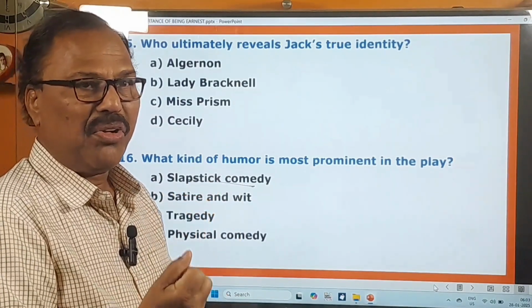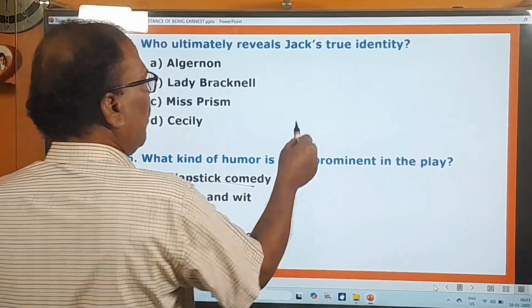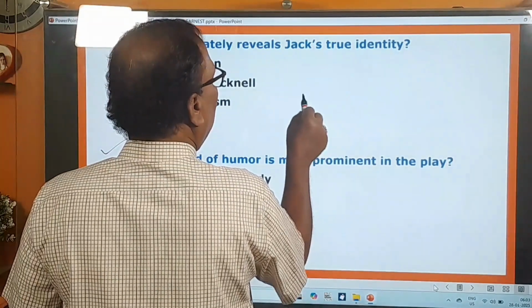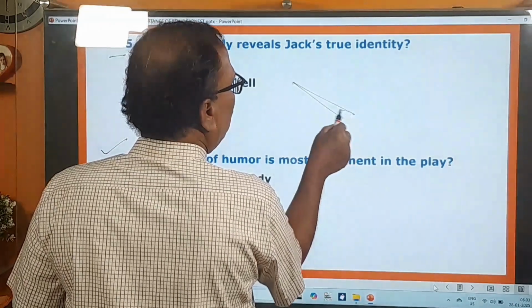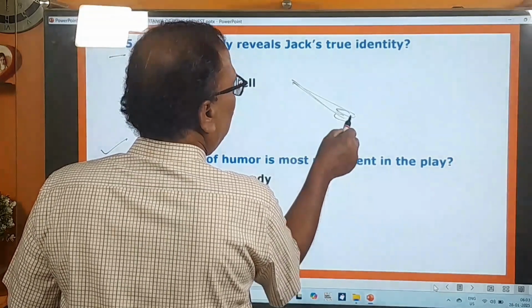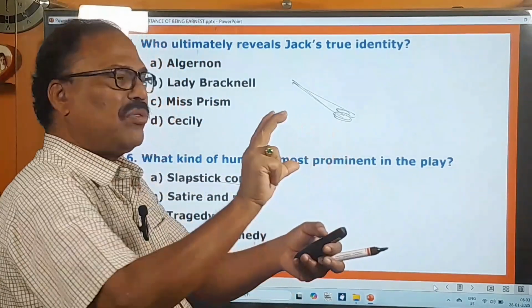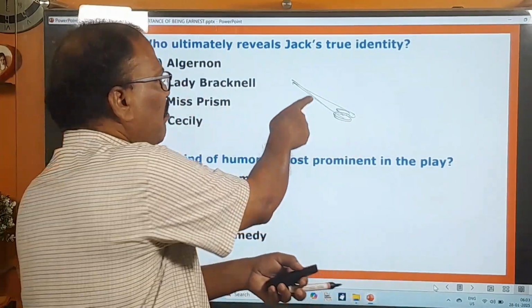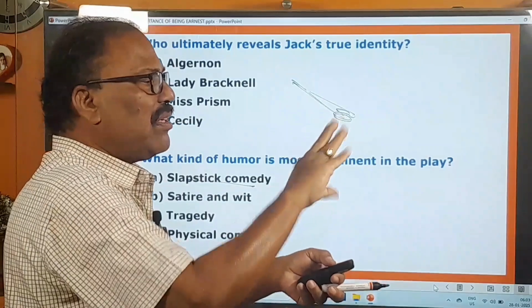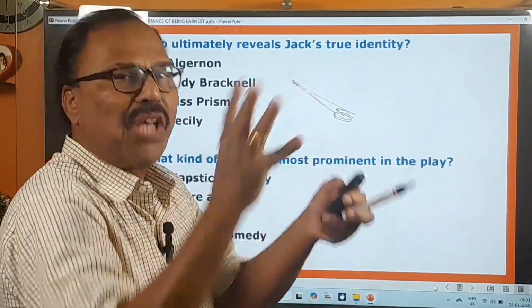They will have some kind of stick with them. How can I draw this? Some kind of two things will be there, something like this. No, these are the two plates. When you beat with this, it will give some kind of big sound.